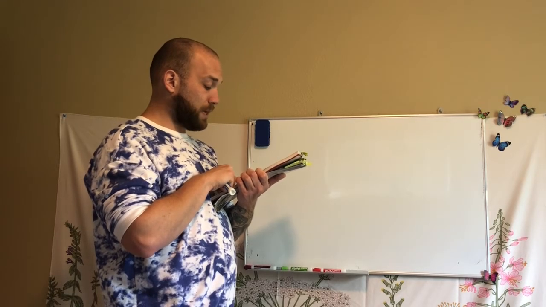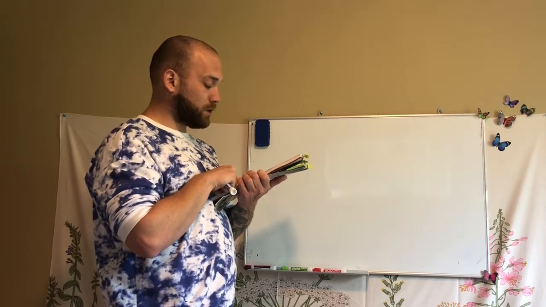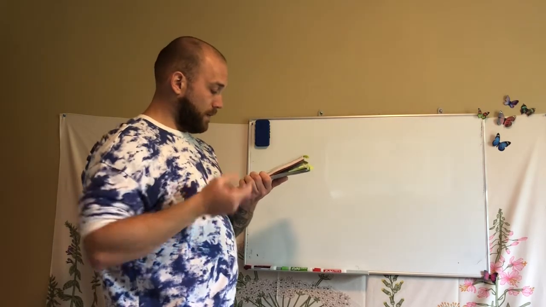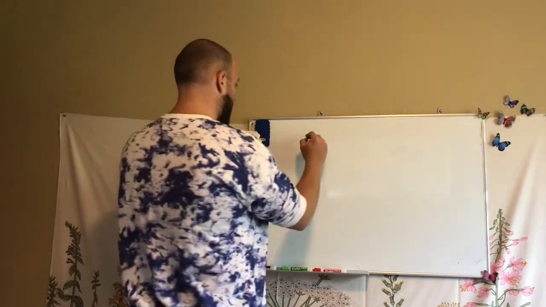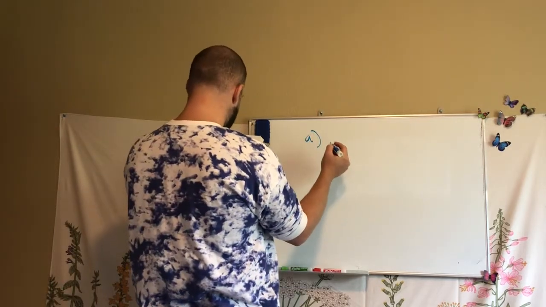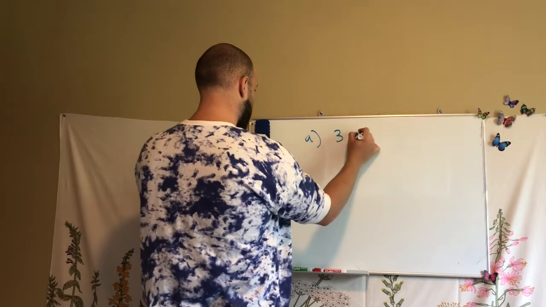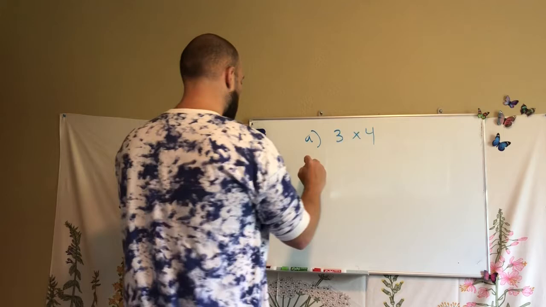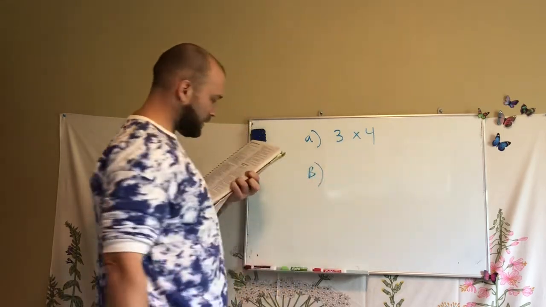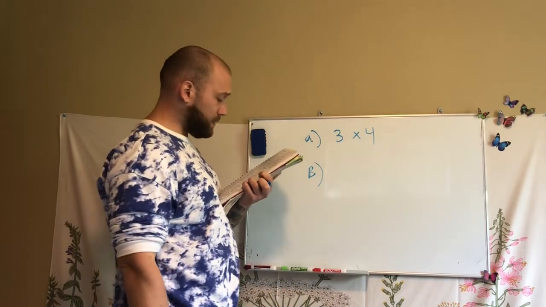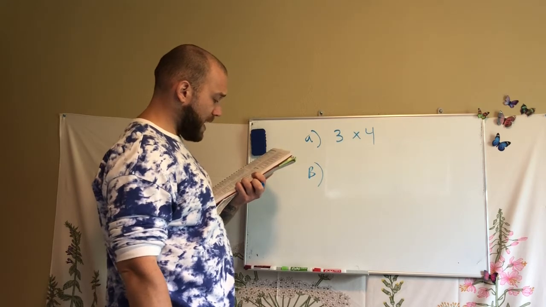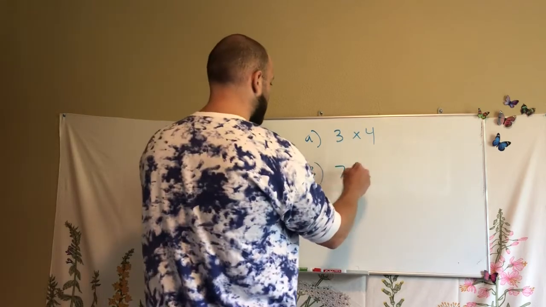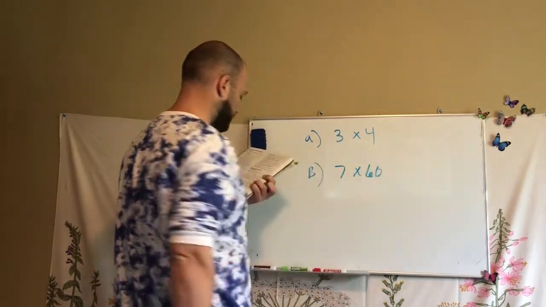So what do you multiply years by to get seasons? You're going to multiply it by 4. So problem A should be 3 times 4. B says change 7 minutes into seconds. In our facts, we have 1 minute equals 60 seconds. So your equation is going to be 7 times 60.